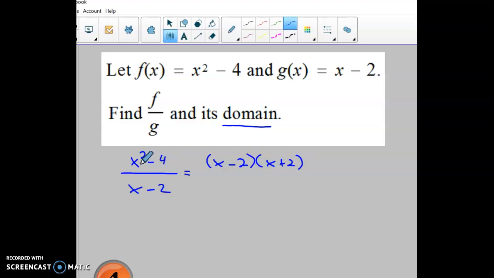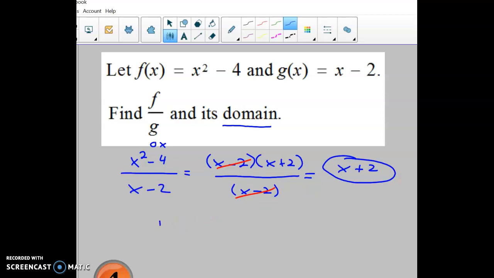We use x and x for the x squared, and for the -4, we use -2 and +2, and those add up to the 0x in the middle. So it's just square minus square. That's really handy because now we have matching x minus 2, so those will cancel out, and you end up with just x plus 2 as our simplified version.